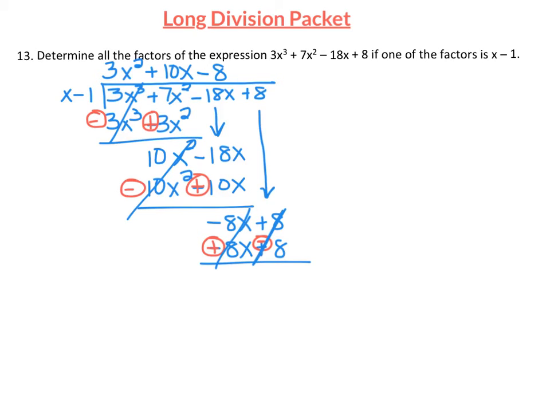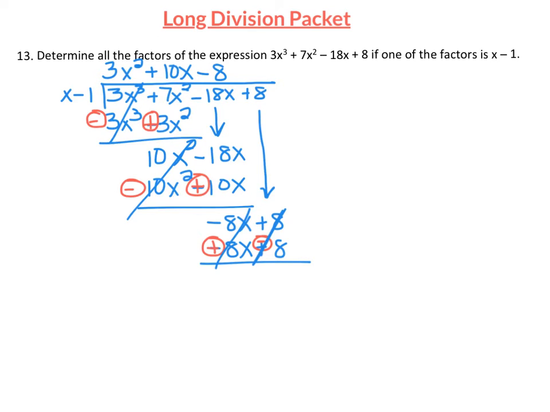Now we also know that factors multiply together to give you the original expression. So if I were to multiply x minus 1 times my answer that I was left with here, it should give me back the original expression. So not only is x minus 1 a factor, but what I'm left with on top right here is another factor.